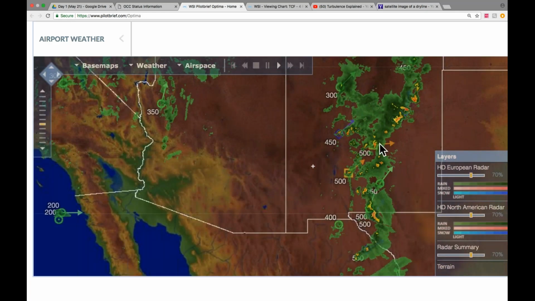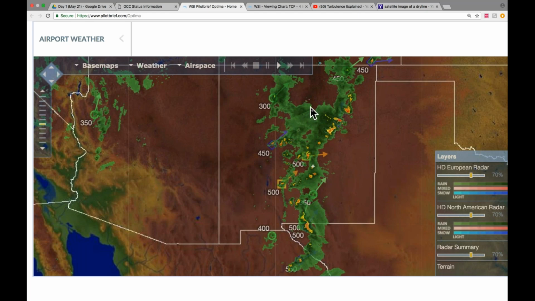So those TCFs used in conjunction with our radar, we can see these storm systems build.